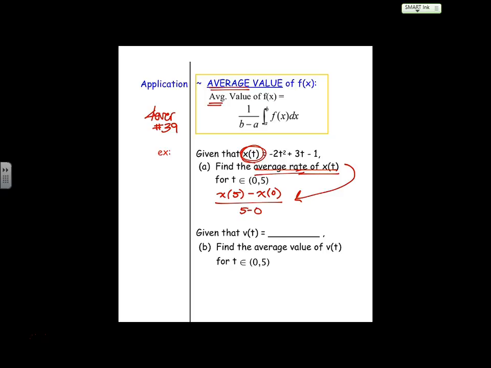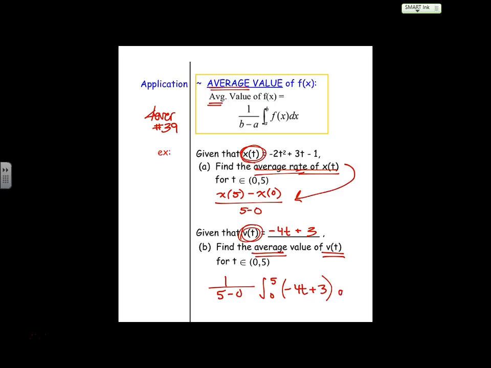But if they're asking for average velocity and we're given velocity, we're not doing anything by hand in the sense of taking a rate because they already gave us a rate. What we're doing is the average value of who we already have.